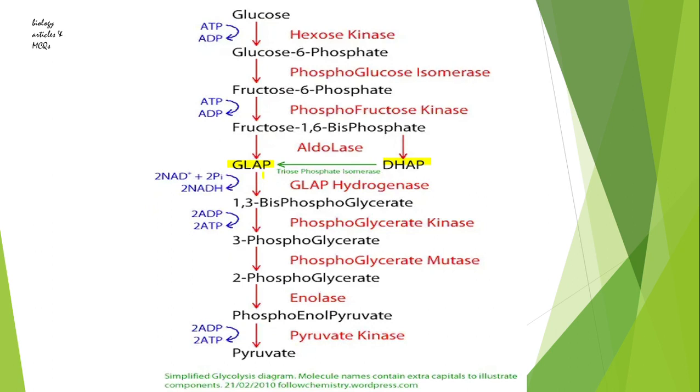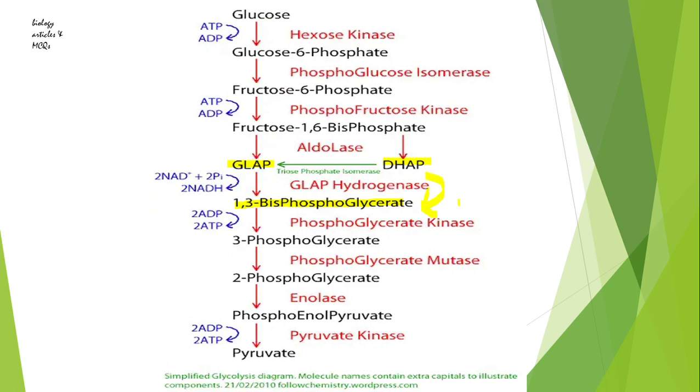Now you have to learn this one thing, that glyceraldehyde 3-phosphate will convert into further conversions the same as the dihydroxyacetone phosphate. Means one glyceraldehyde phosphate will convert into 1,3-bisphosphoglycerate. The dihydroxyacetone phosphate will also convert into this same thing.